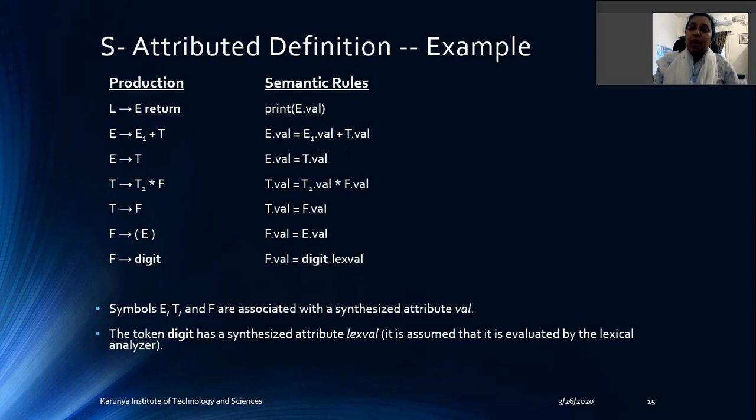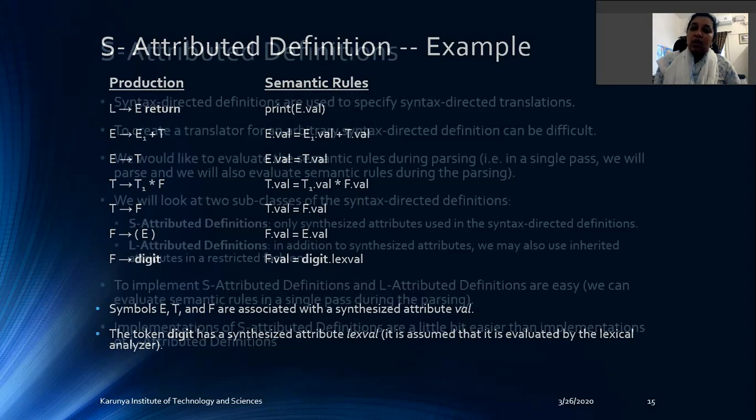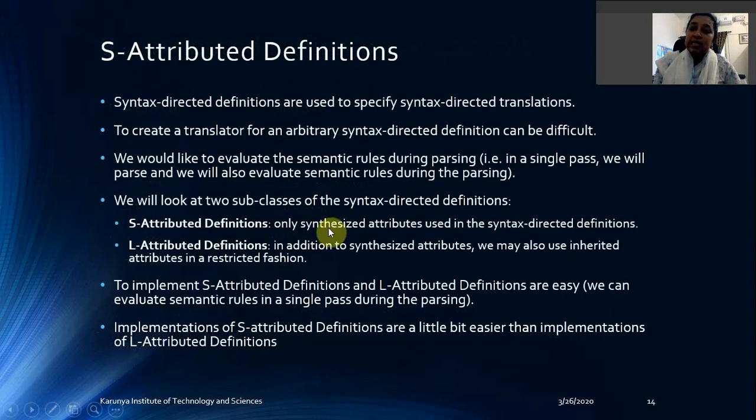If we are evaluating the grammar symbols and all the attributes are synthesized attributes, then the attributed definition becomes an S-attributed definition. So we start from the syntax directed definition.